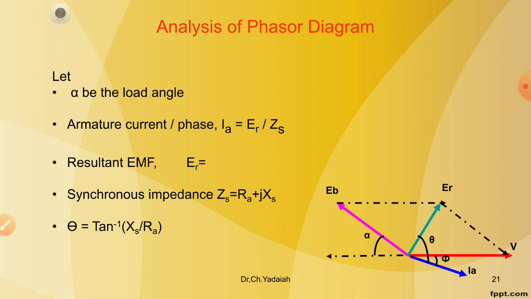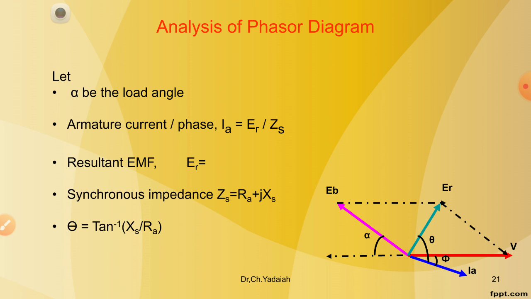So, what is the ER? ER is the resultant EMF, that is equal to the vector sum of V and EB, that is equal to root of EB square plus V square minus 2 into V into EB into cos of the angle between the EB and V. So, we are going to get that formula.